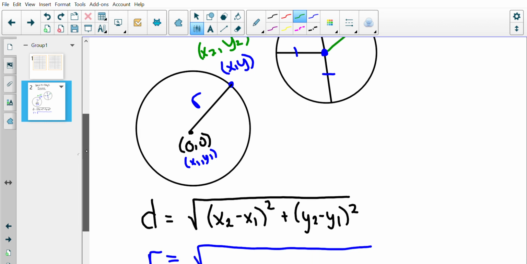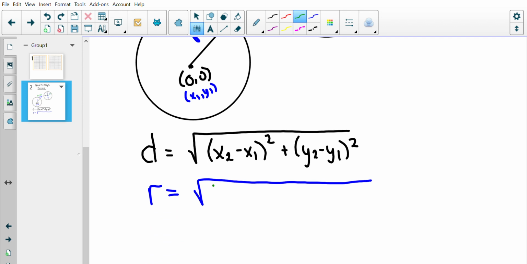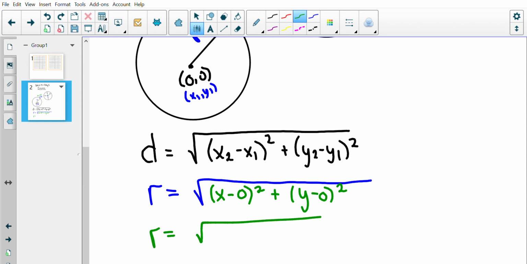Plugging into this formula, we're going to have x minus 0 raised to the second power, add to that the difference of y minus 0 raised to the second power. So here we have the root of x squared plus y squared.